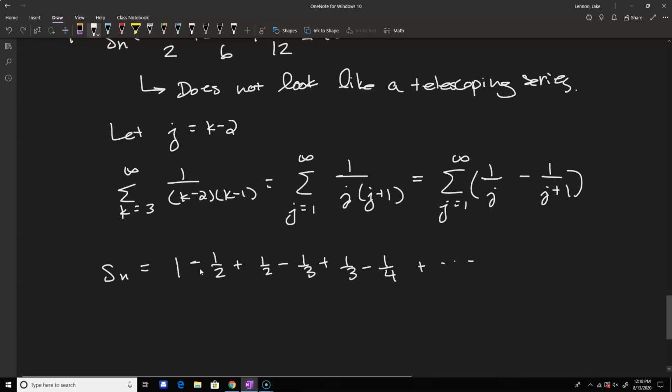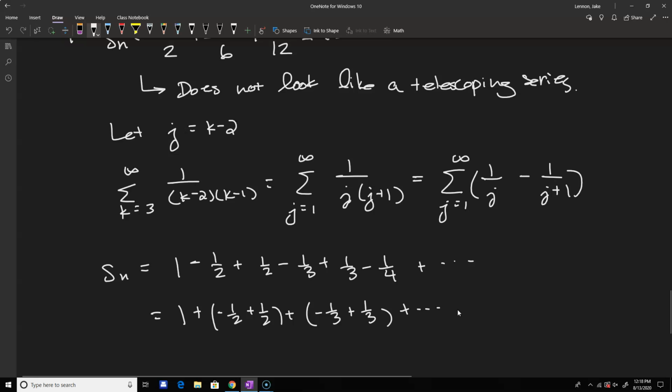So we get all those groups, and again, I've got the parentheses in the wrong place. So let me just rewrite it on the line below. We can write this as 1 plus negative 1/2 plus 1/2 plus negative 1/3 plus 1/3, and so on till you get to the very last one with your 1 over j.